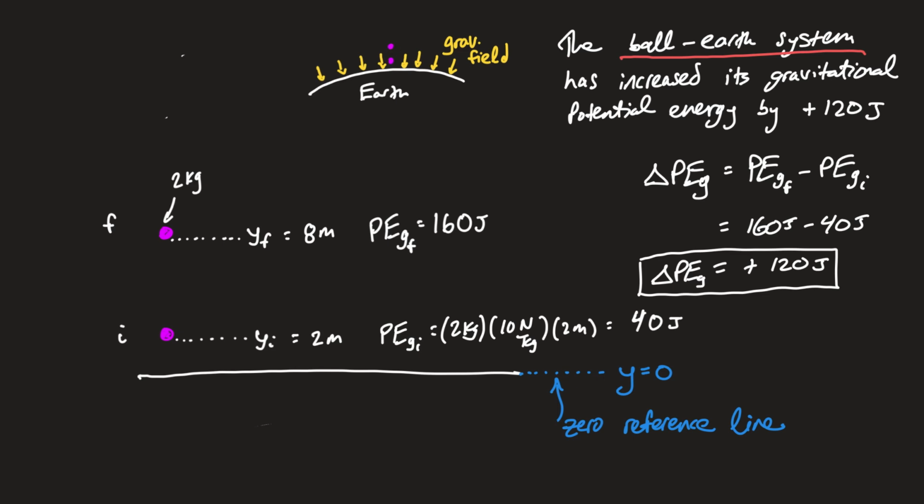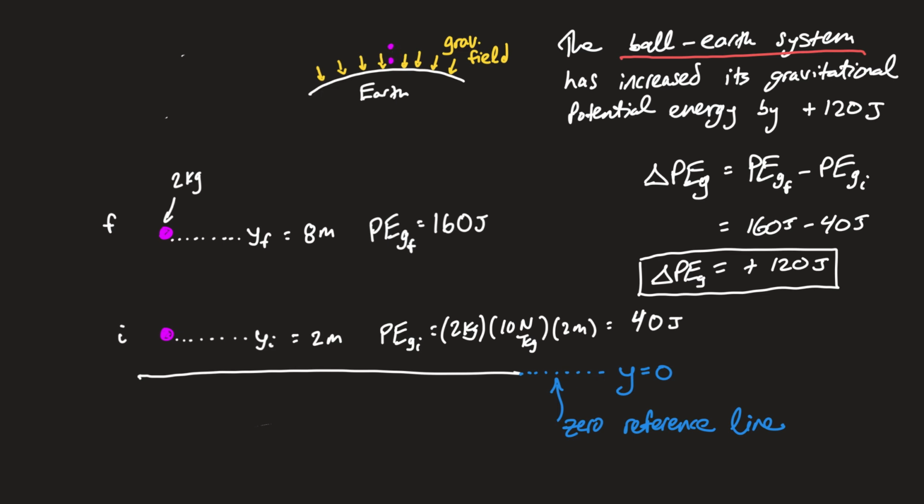So that action of moving the ball and the Earth away from each other, separating these two massive objects, even though the Earth is a lot more massive than the ball, they both have mass. When we do that, we now have this gravitational field in existence between the two of them, and that stores up energy in that gravitational field.